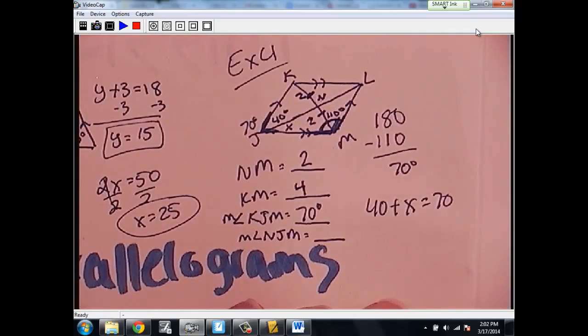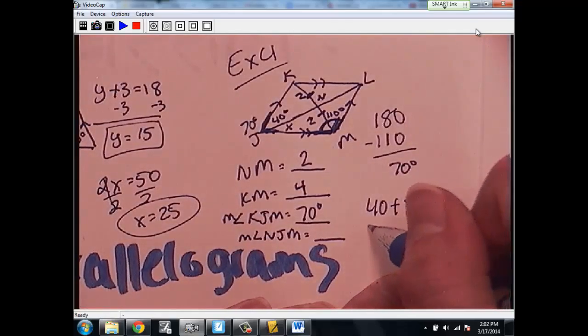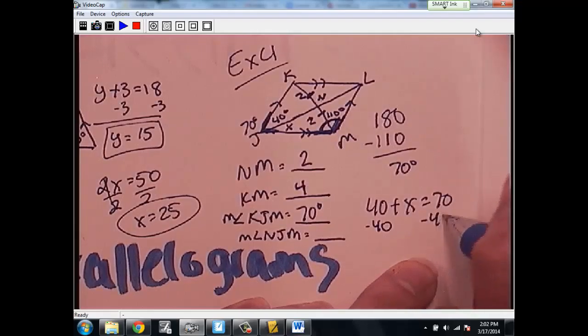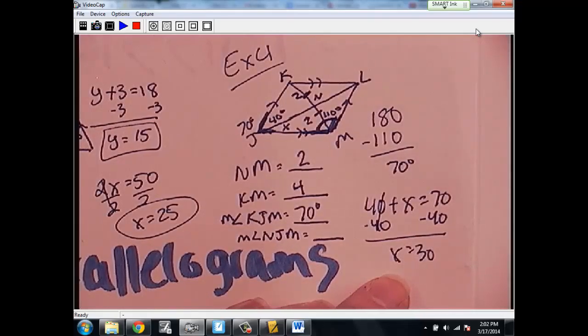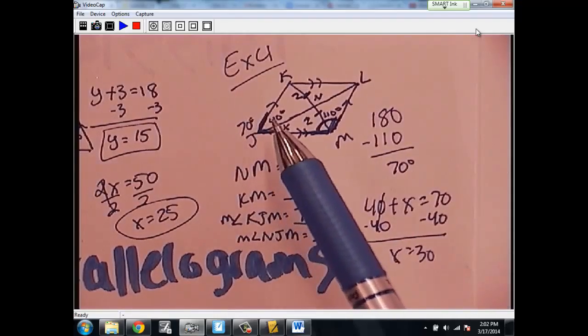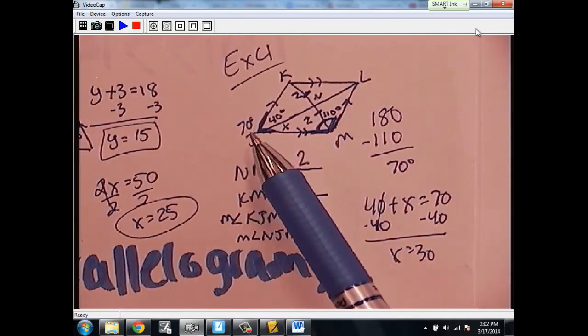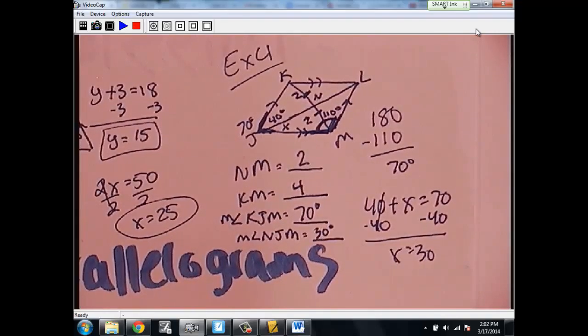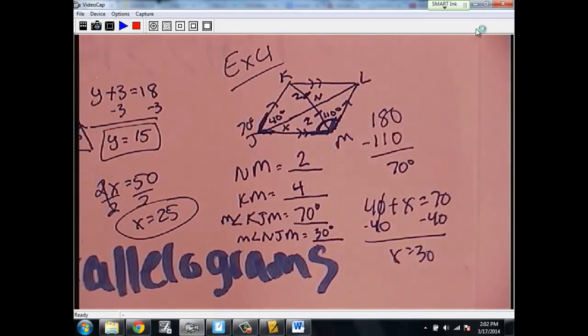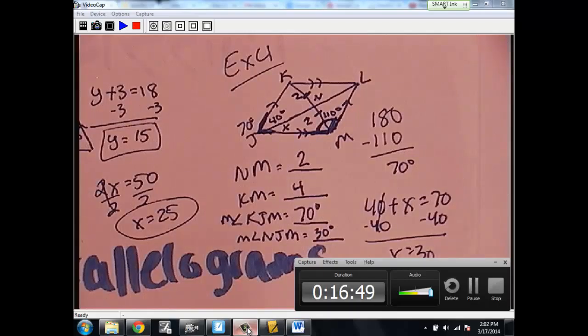Well, what's X? How do we solve it? X equals 30. Subtract your 40 over and X is 30. Does that make sense? 40 plus 30 gives us 70 degrees. The 70 and the 110, they add up to 180. They're supplementary. That's 8.2 parallelograms, properties of parallelograms.